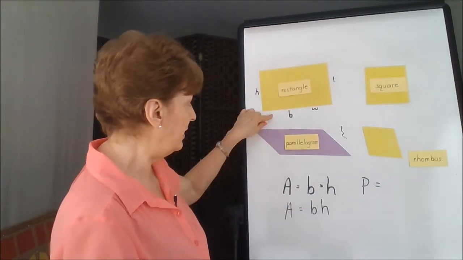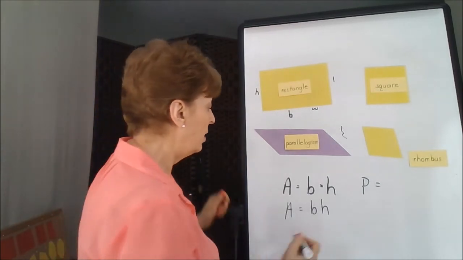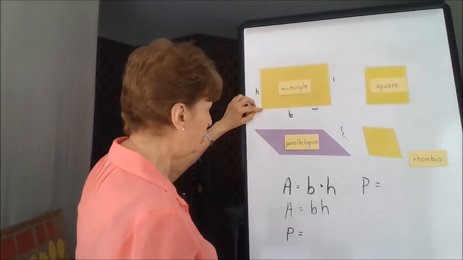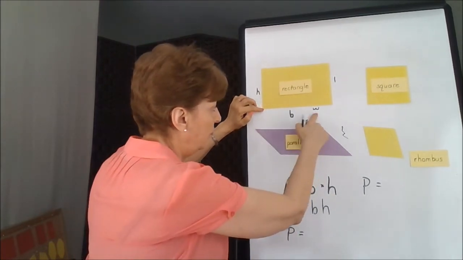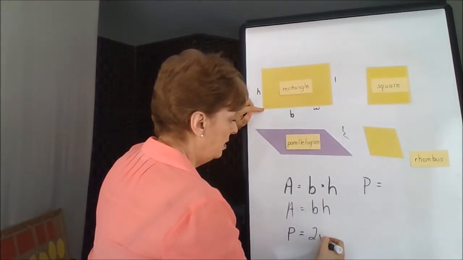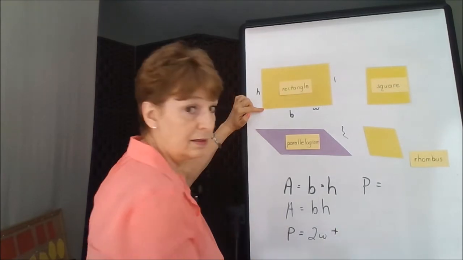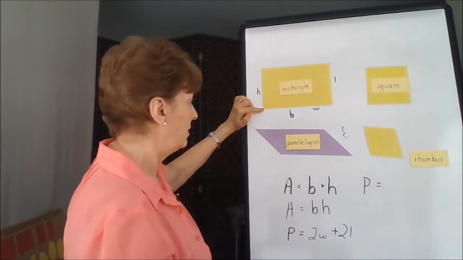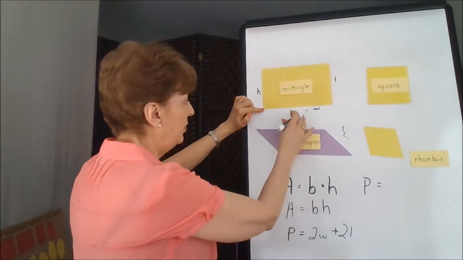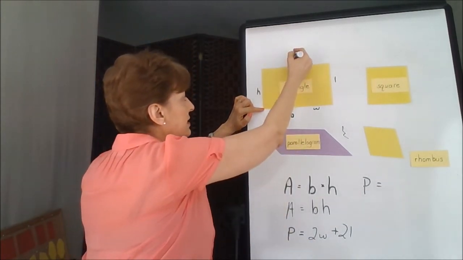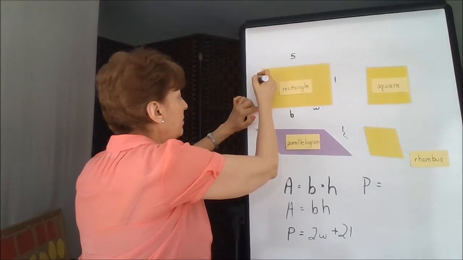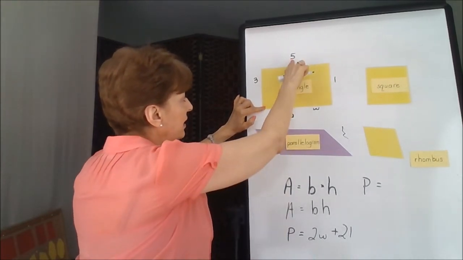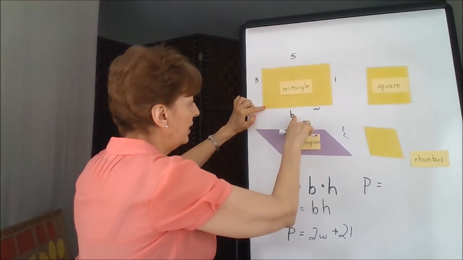In the case of a rectangle, we would have a perimeter being, you have two widths and you have two lengths. So if this were, let's say this is 5 and the height or the length would be 3, we could add 5 plus 3 plus 5.